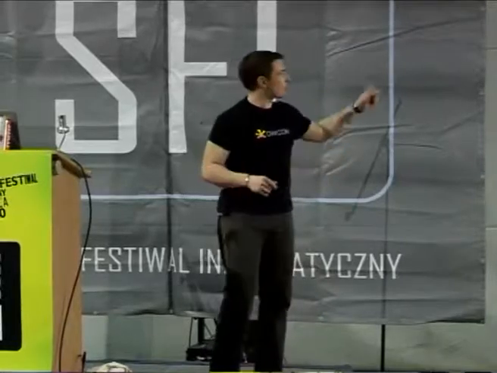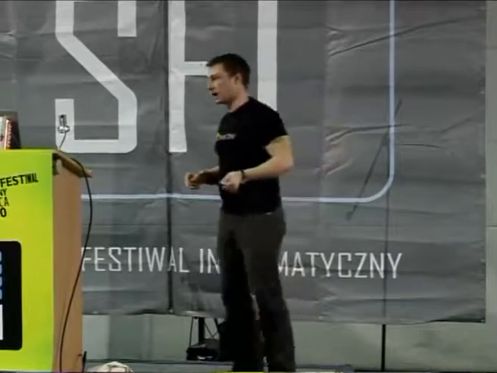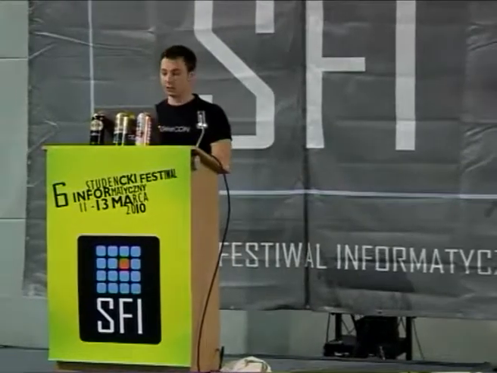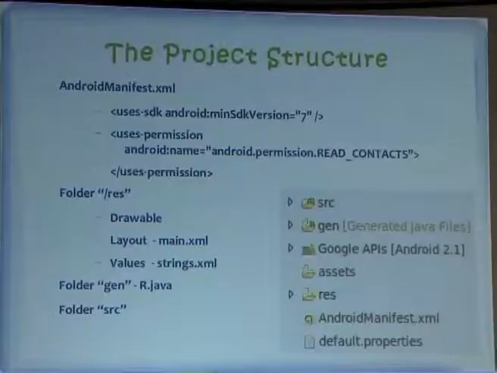There is also a resources folder which defines all resources, such as layouts and values you are using. There is also a very important folder called gen. This is automatically generated, and there is an implemented description of everything you have inside your application.